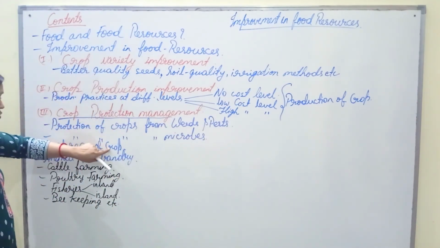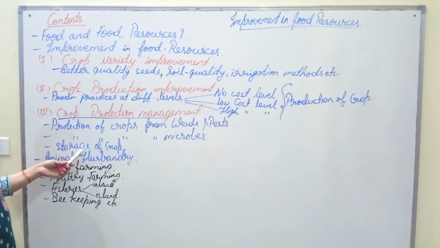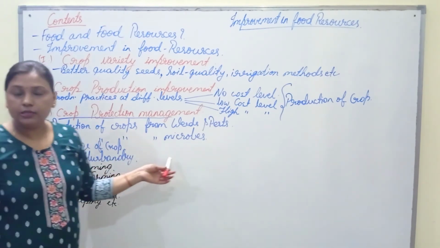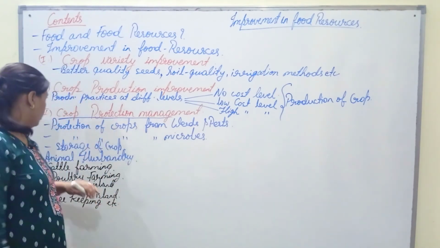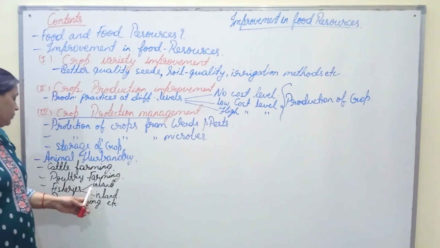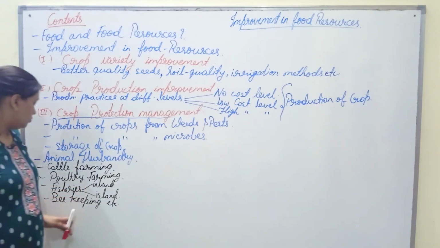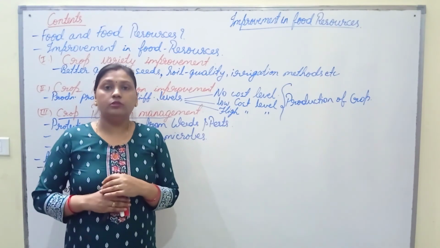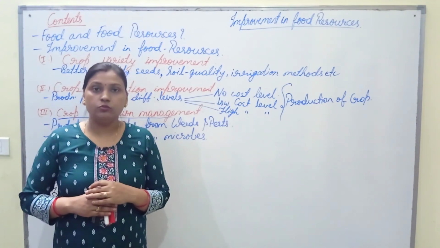In this topic we will also talk about the different methods of storage of crops, and at last we will talk about animal husbandry, in which we will discuss cattle farming, poultry farming, fisheries, inland fisheries, island fisheries, beekeeping, etc. So this is all about the contents of the chapter improvement in food resources.